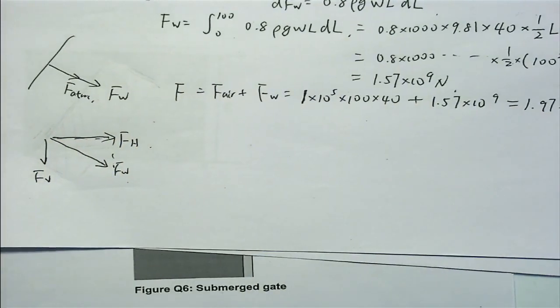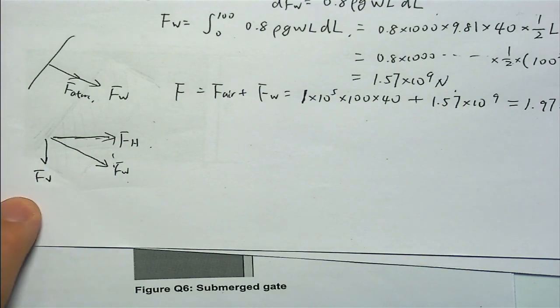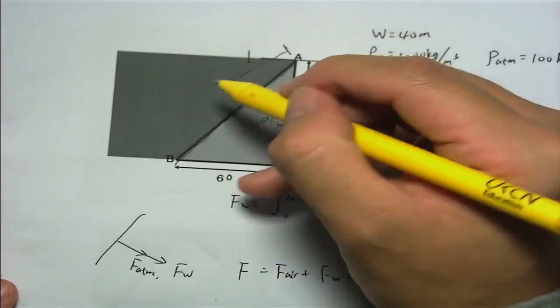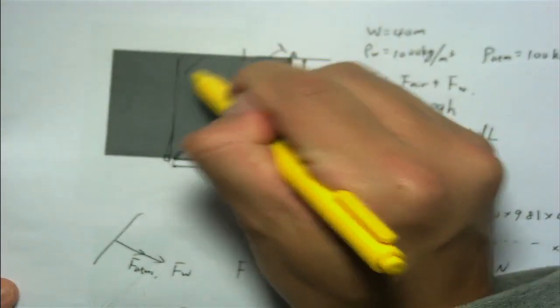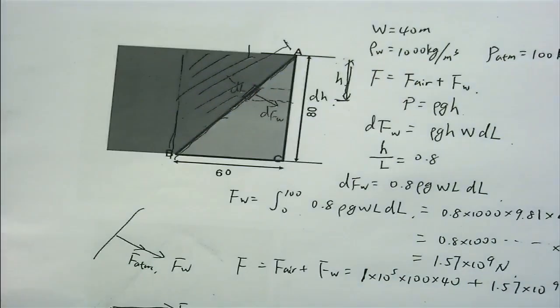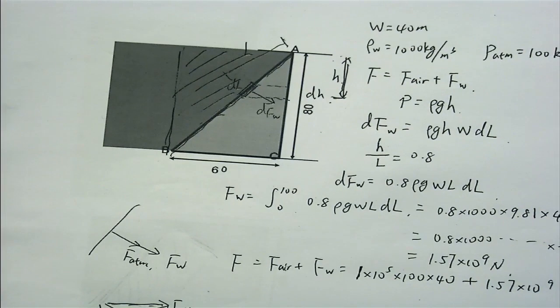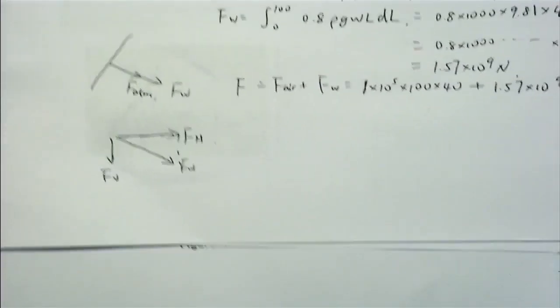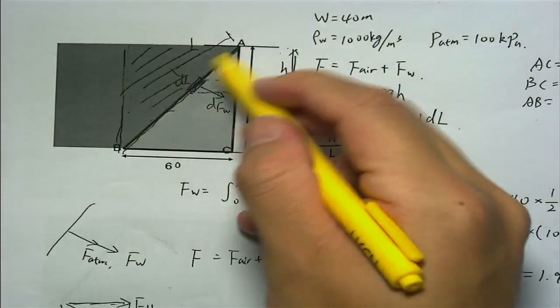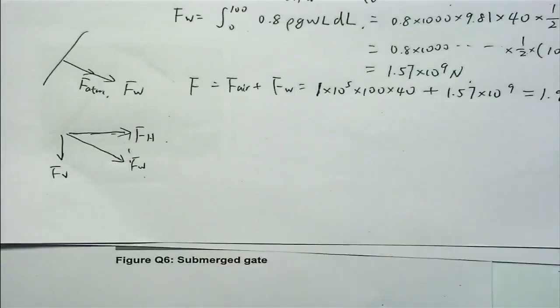For the horizontal one, we do the integration similar to what I did. For the vertical one, it is caused by the weight of the water, so the vertical force is the gravity of the water above the surface. We combine these two forces to get the force by the water, and then add it with the air.